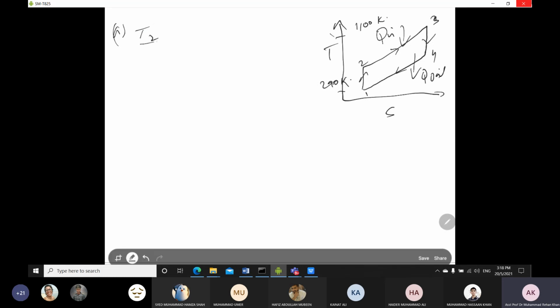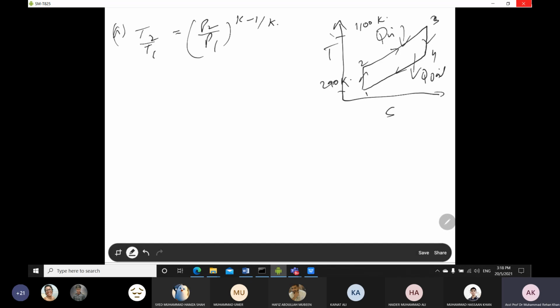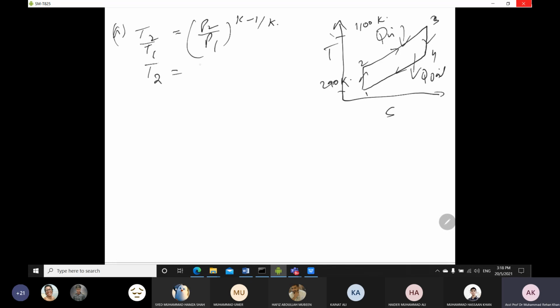T2 over T1 is equal to (P2 over P1) to the power (k minus 1) over k. So T2 is equal to 290 Kelvin times 8 to the power 0.4 over 1.4, and it will be equal to 525.3 Kelvin.